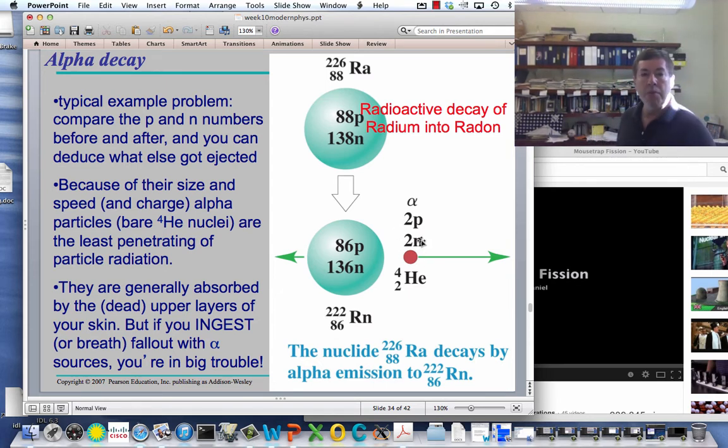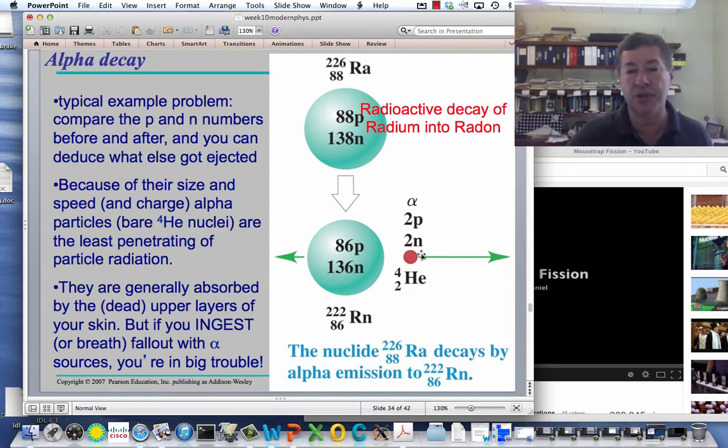Most likely way that these 2 protons and 2 neutrons came out, that's a very nice little package. You know what 2 protons and 2 neutrons are. We know it as a very happily stable little helium nucleus. That's right, it's the second element in the periodic table because it's 2 protons, and stable helium also has 2 neutrons.